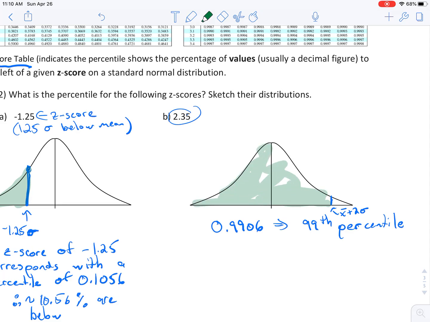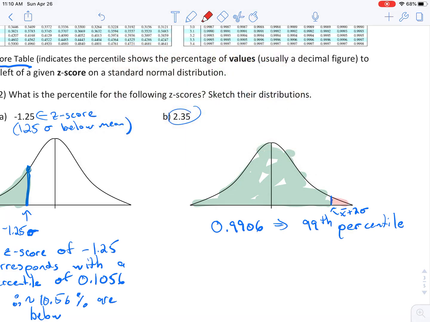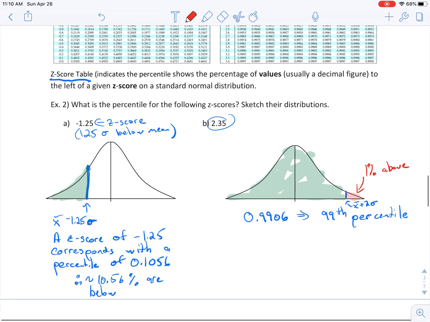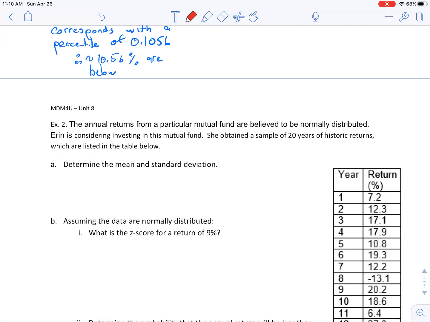And so what you've got is 99% of all of the data is below you. So it would be all of this. Conversely, this would mean that there's only 1% approximately above. And so visually, I think that's helpful to see because we're going to talk about these various situations.